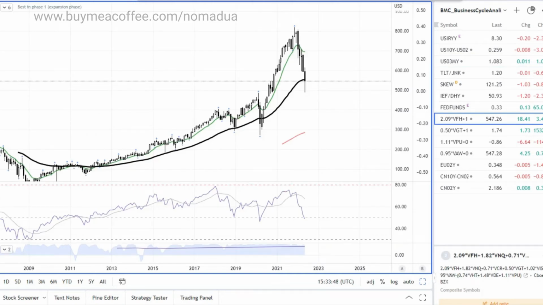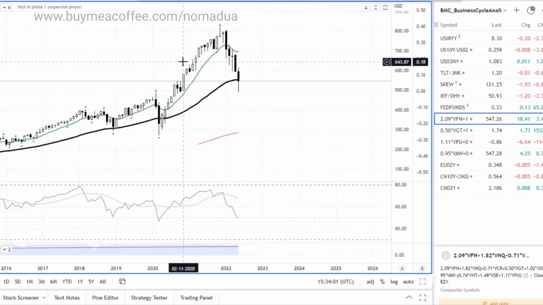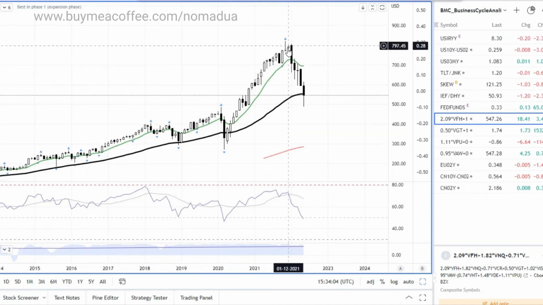Now let's look at the index that contains all assets that perform best at the first stage of the cycle. These are usually high-risk assets, and here we see a huge plunge of the stocks.